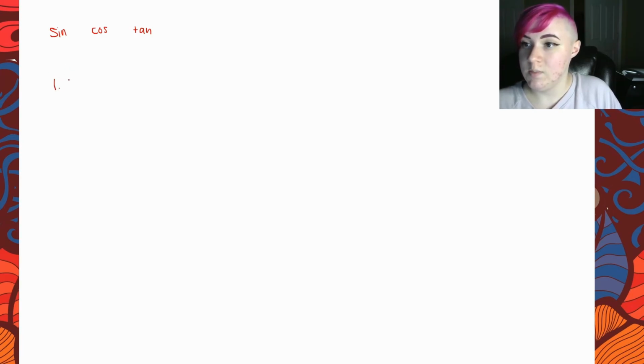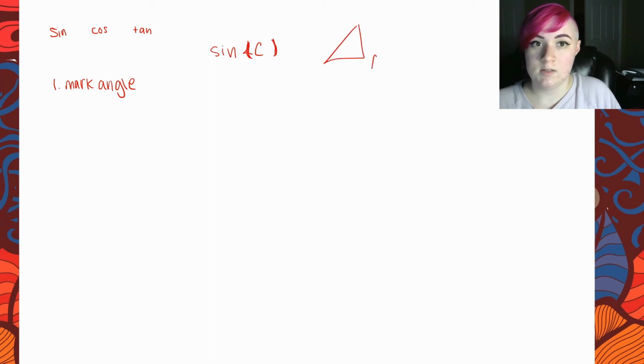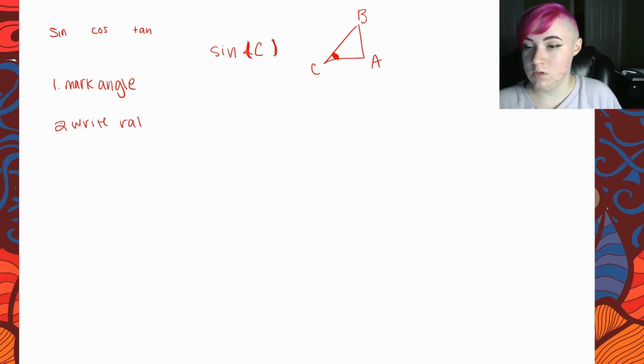So the first step is to mark the angle you're looking at. If it tells you you're looking at angle C, so sine of C, and you have a triangle labeled ABC, mark angle C so that you can actually see which angle you're looking at. After that, you can go ahead and write the ratio.